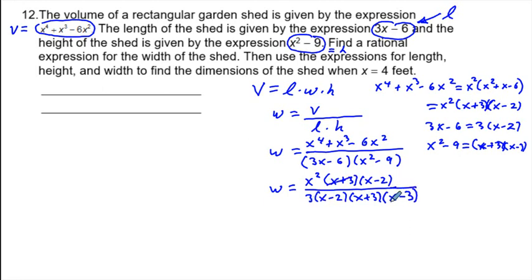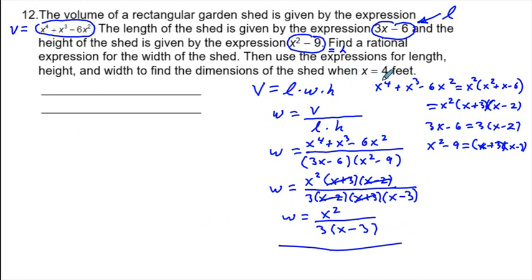So we have x plus 3 over x plus 3, x minus 2 over x minus 2. So we're left with our width being x squared over 3 times quantity x minus 3. So that's going to be our simplified version of our width of our shed.